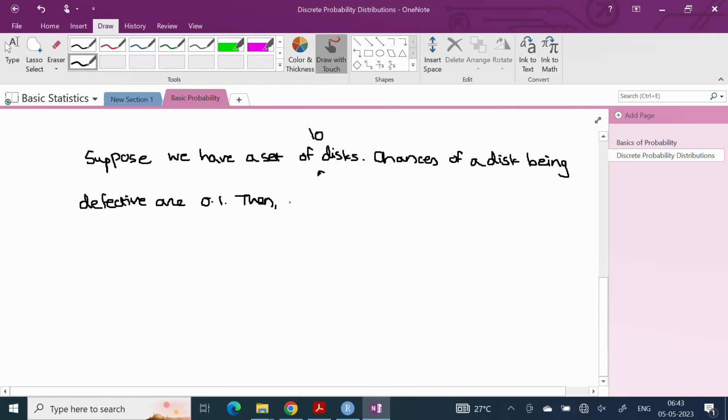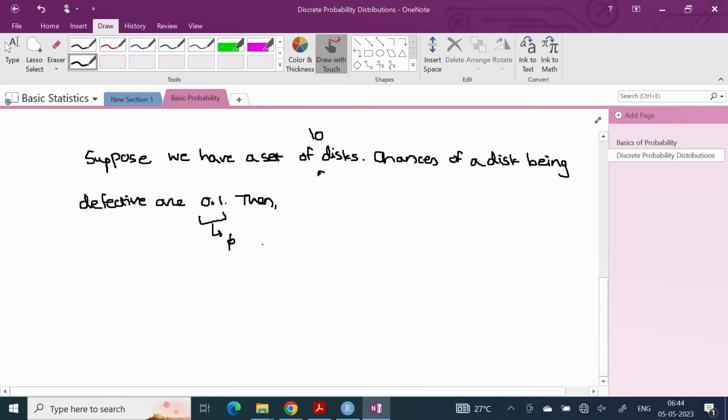Then what does it mean? It means that when I pick up 10 disks, one of them is likely to be defective, because 10%. So the probability of a disk being defective, 0.1 here, will be the success probability, because for us the event of interest is the disk being defective. So 0.1 is my p here.